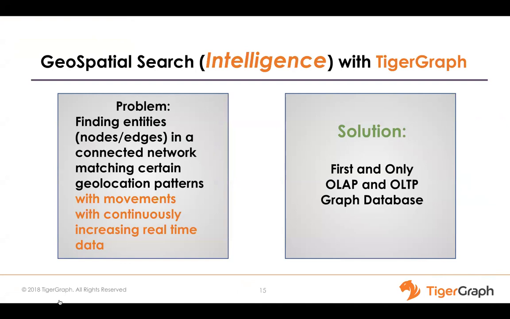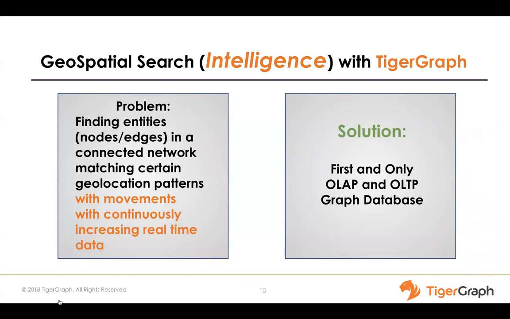It's not just search. If we think back a few slides, I was talking about the problems we're trying to solve with a graph database in general with geo: finding entities in a connected network matching certain geolocation patterns. But really, what TigerGraph enables is a solution to a much bigger problem space. You can look at those geolocation patterns with movements and with continuously increasing real-time data.